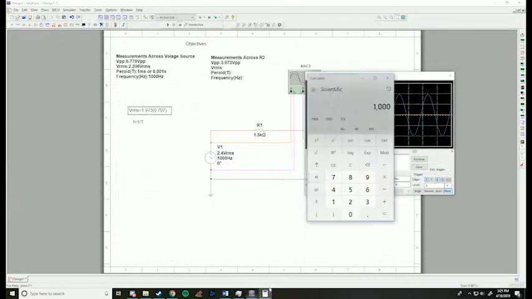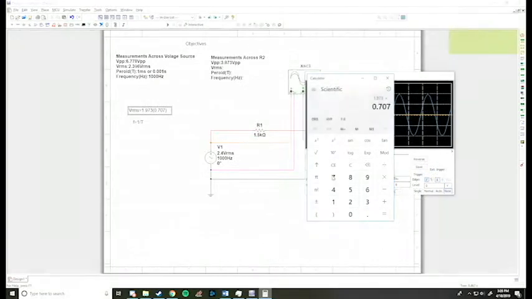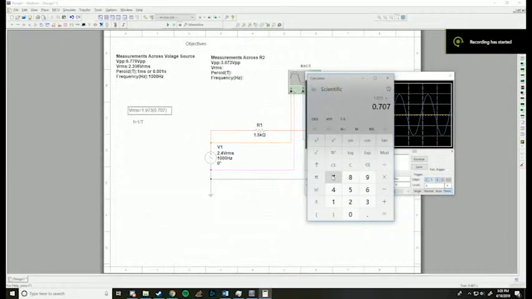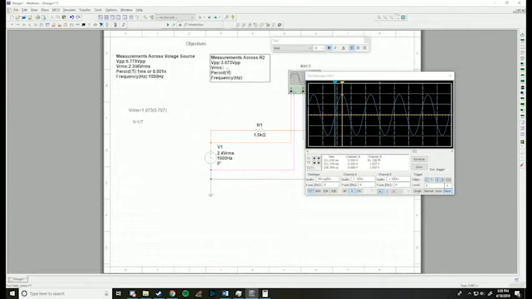Let's do some math. 1.973 times 0.707 gives us a VRMS of 1.394. So we'll just say 1.395 VRMS.